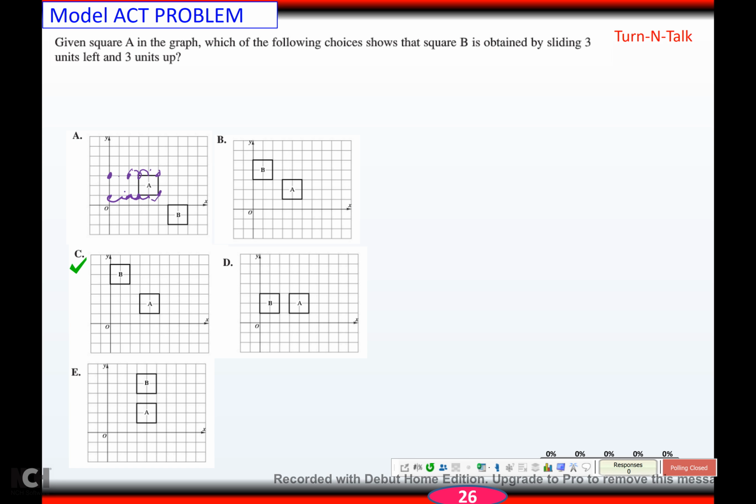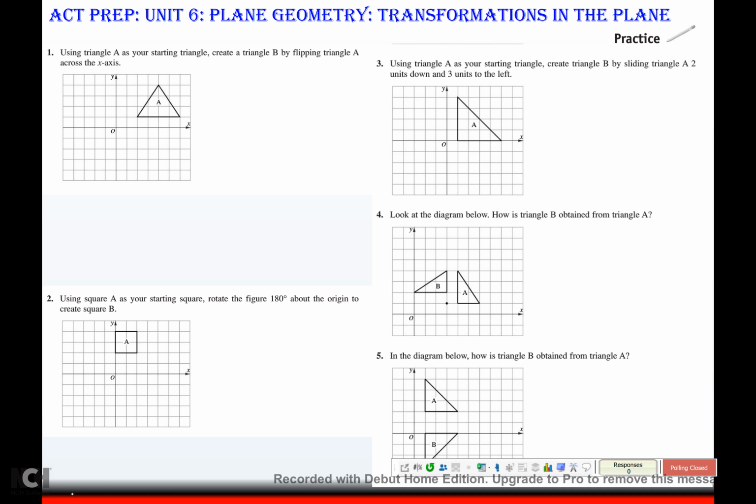There would be 3 units left, and then 3 units up. 1, 2, 3 would be here. 1, 2, 3 would be here. This one would go up here. This one would go there. And there would be B, which is right there. Okie dokie. All right.